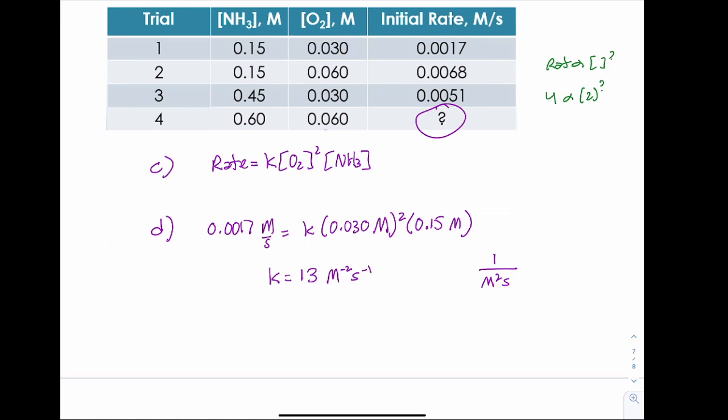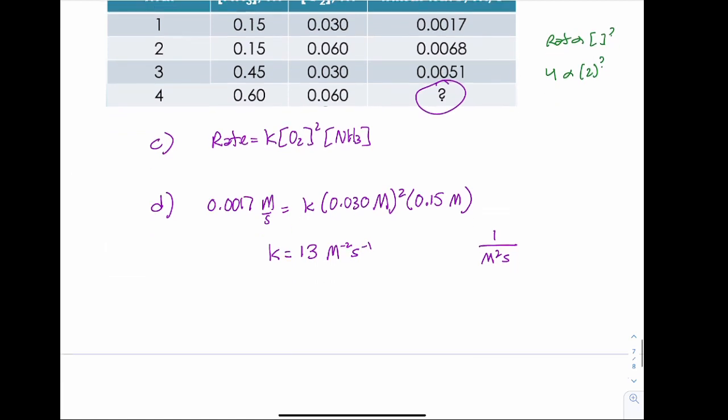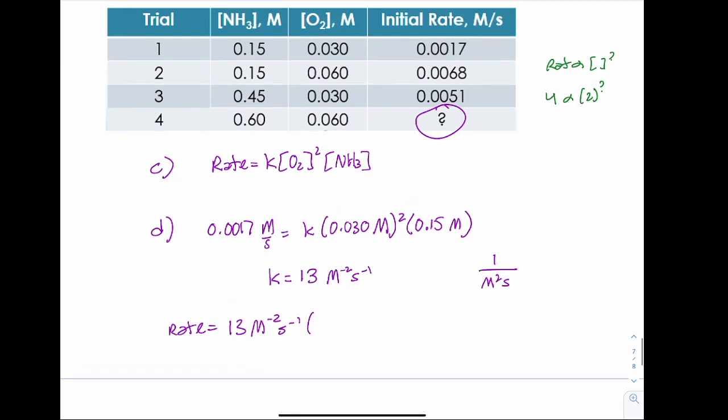I'm now going to take that number, take my concentrations for trial 4, plug those into my rate law, solve for my rate. So my rate is going to be equal to 13 molar to the -2 seconds to the -1 multiplied by my concentration of oxygen squared multiplied by my concentration of ammonia raised to the first power.